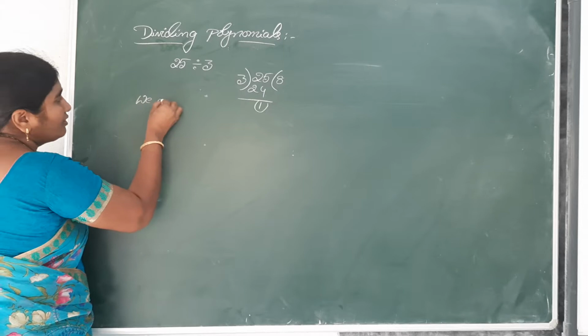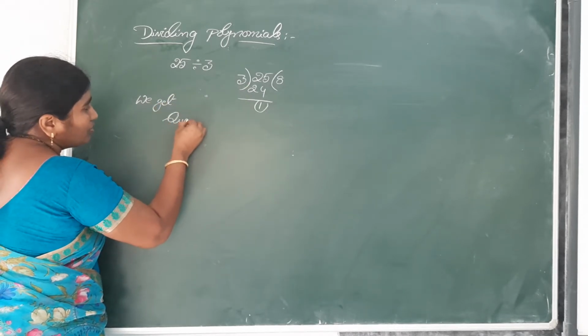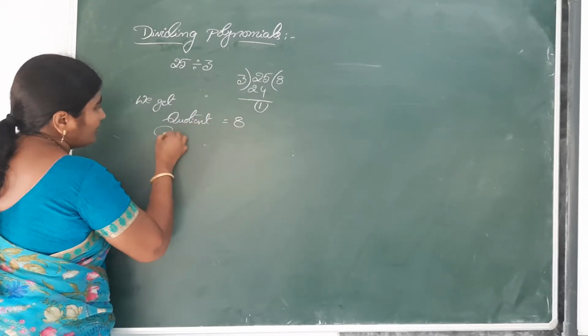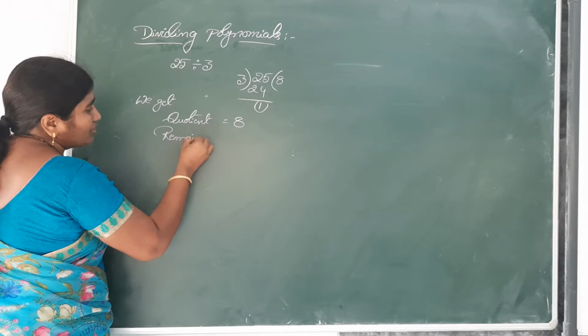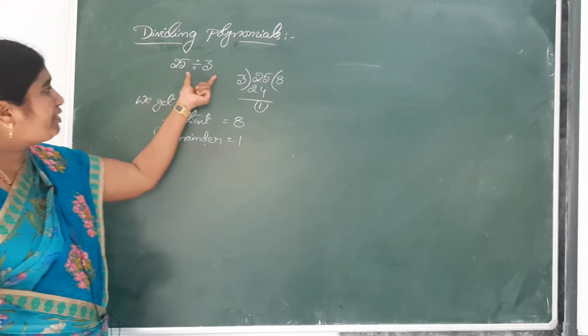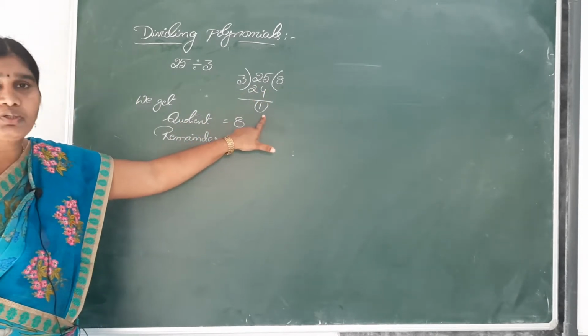We get quotient equal to 8, remainder equal to 1.